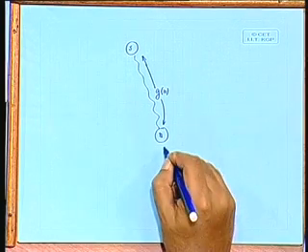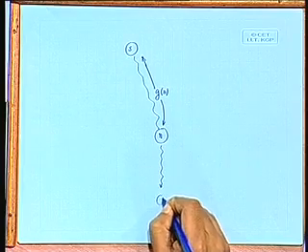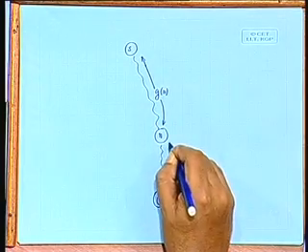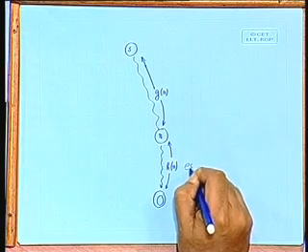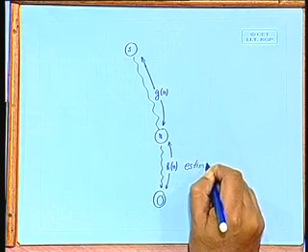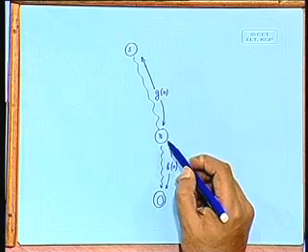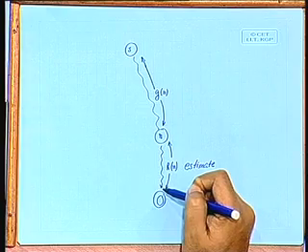H(n) is the estimated cost of traversing from n to a goal state, to any goal state.